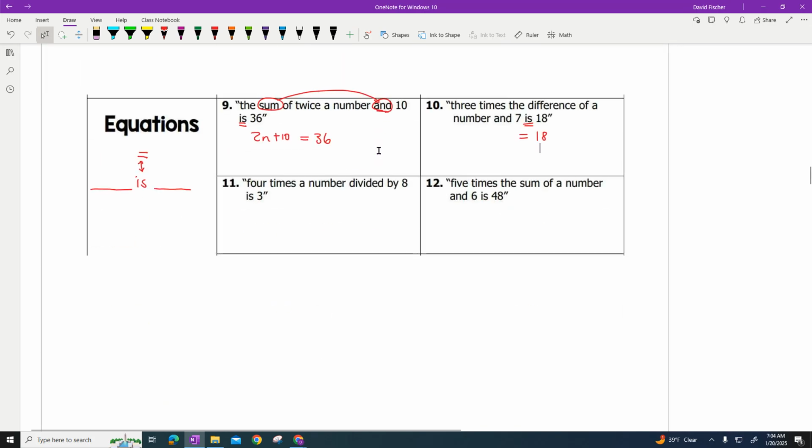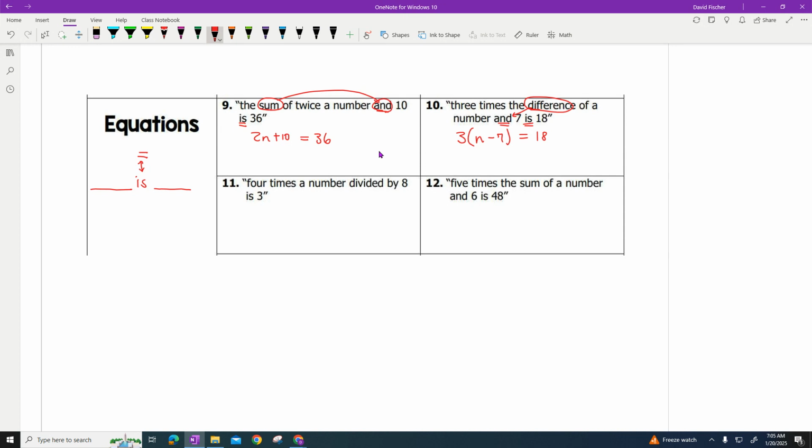Okay, let's see where we were. So I want 3 times, here's my operation, difference of a number and 7. Okay, so difference means subtraction. A number, we don't know what it is. Subtract 7. Okay, so we're going to take 3 times this whole thing right here. So this one's a little bit harder.